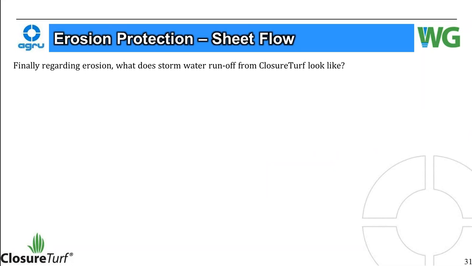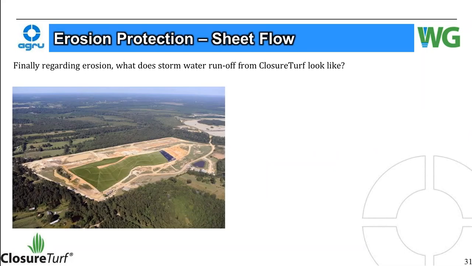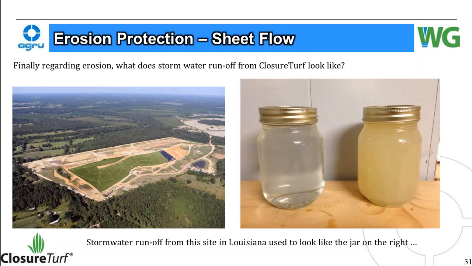And finally, as far as erosion goes, what does stormwater runoff from ClosureTurf look like? Well, this is the Tangipahoa landfill in Louisiana again. This site had some stormwater issues, multiple cease and desist orders as far as discharge from the site. Stormwater runoff from this site used to look like the jar on the right.